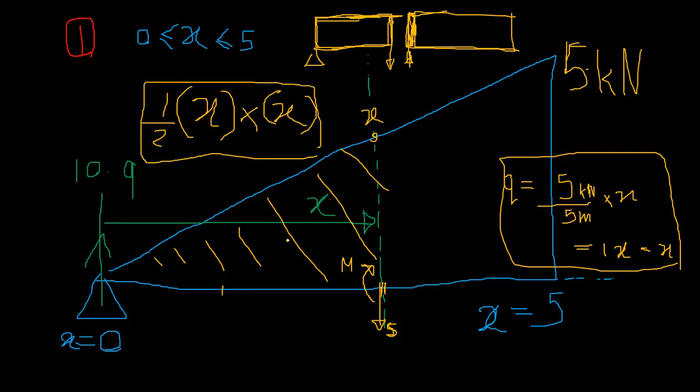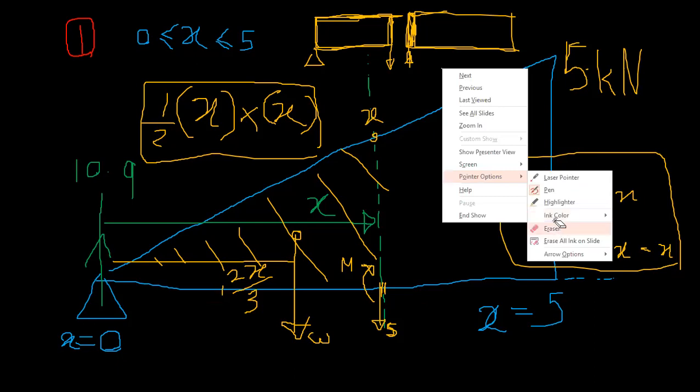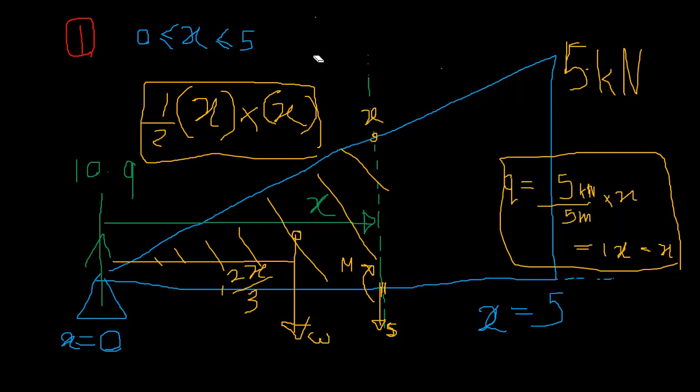So that total load is acting at 2/3 of this length, so that is 2x over 3 for a triangle, right? So this is your total W. This is going to be, so we can write the moment equation this way.